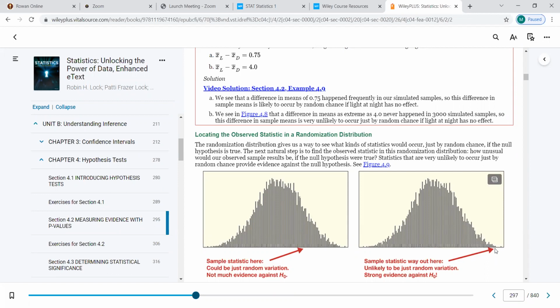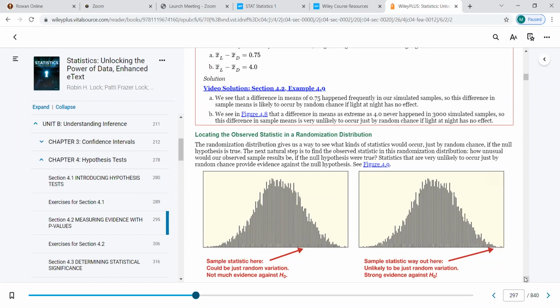Notice it's extreme, way to the right of the sampling distribution. The extreme ones, the very low or very big ones, in this case the very big ones because the alternative hypothesis says greater than. If we got a sample with a difference of 4 in the sample means, we would think that is evidence against the null hypothesis that there's no difference in the means.